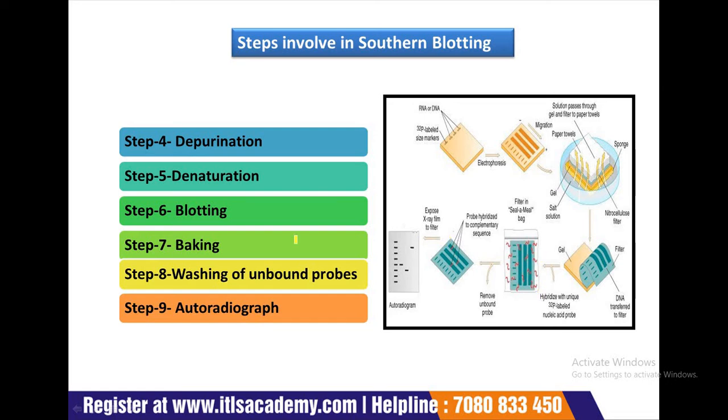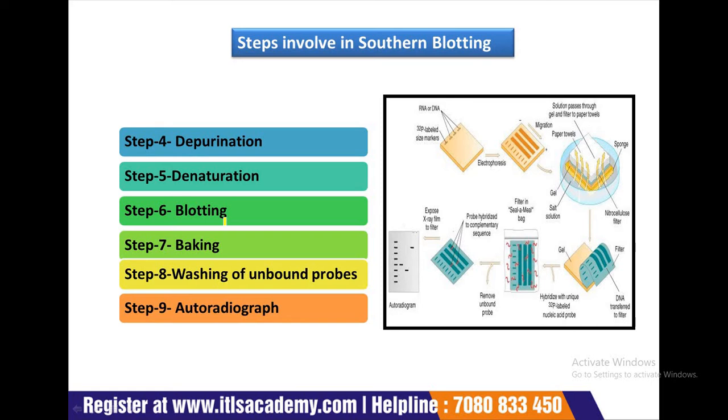In the sixth step, blotting. In this blotting method, the denatured fragments are transferred onto a nylon or nitrocellulose filter membrane, which is done by placing the gel on top of buffer saturated filter paper, then laying the nitrocellulose filter membrane on top of the gel.